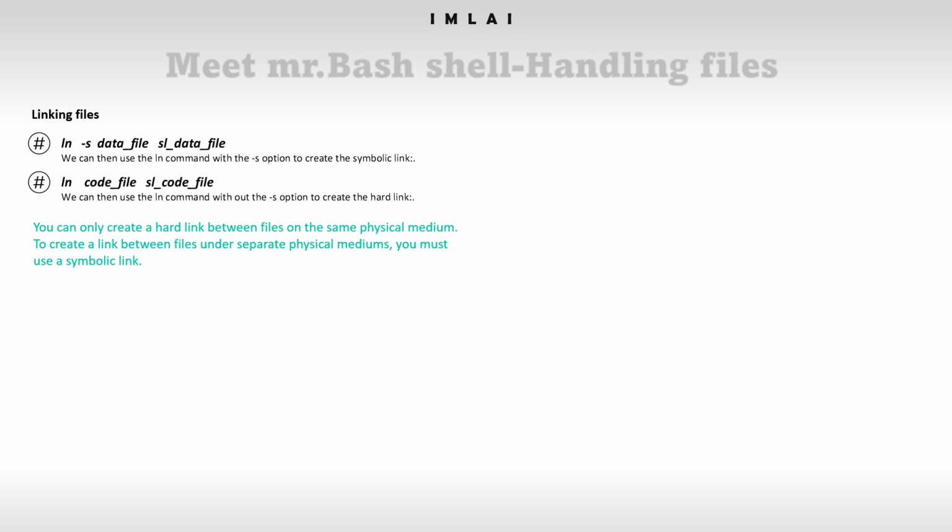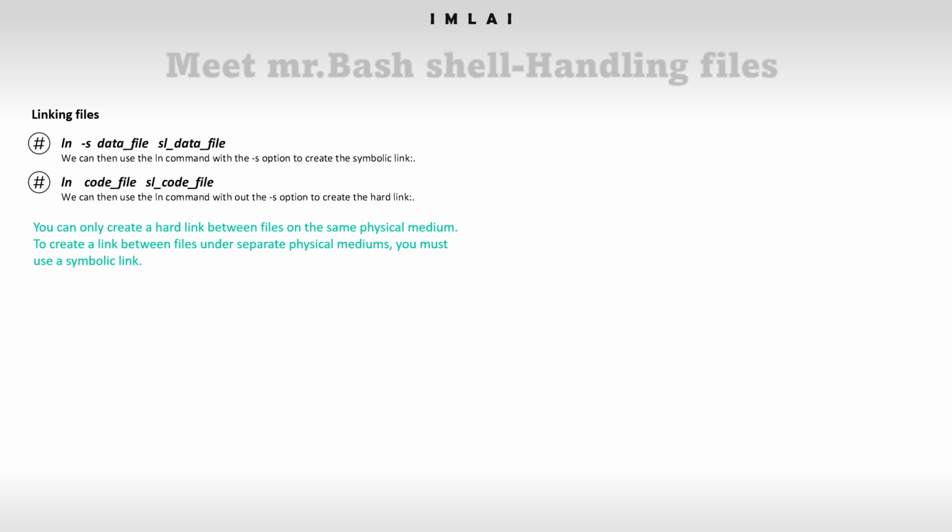A hard link creates a separate virtual file that contains information about the original file and where to locate it. However, they are physically the same file. When you reference the hard link file, it's just as if you're referencing the original file.